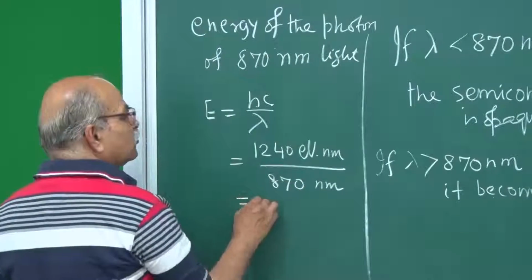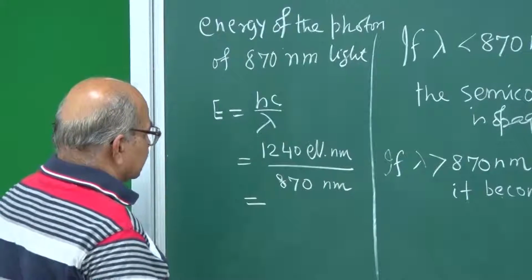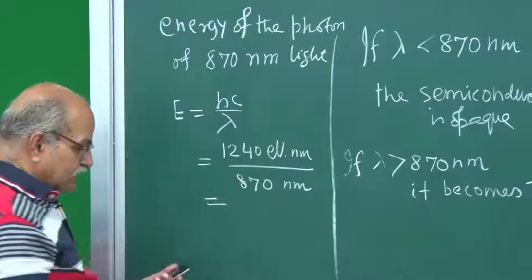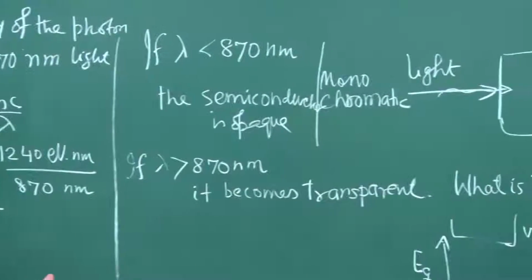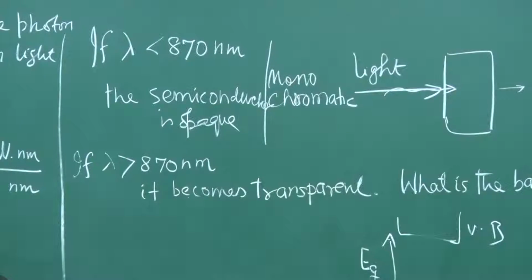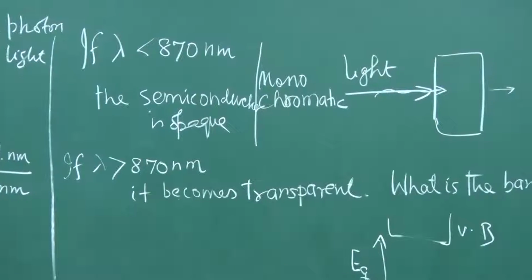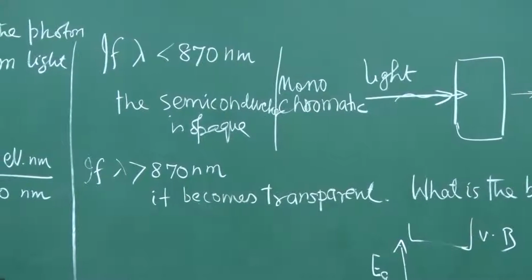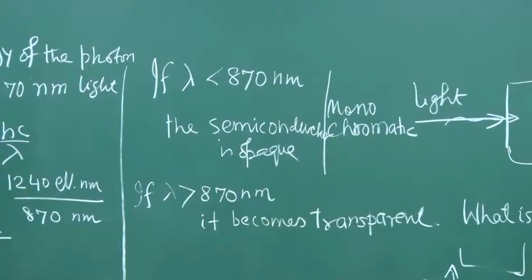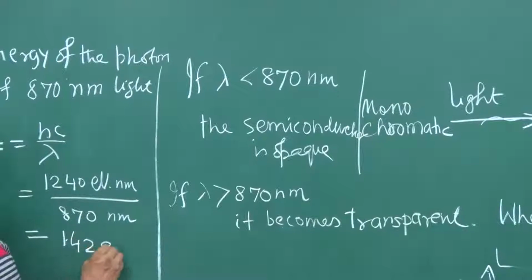So, you can work out how much this energy is: 1240 divided by 870. So, let me calculate. This is 124 divided by 87, and this is 1.42, almost 1.42 eV.